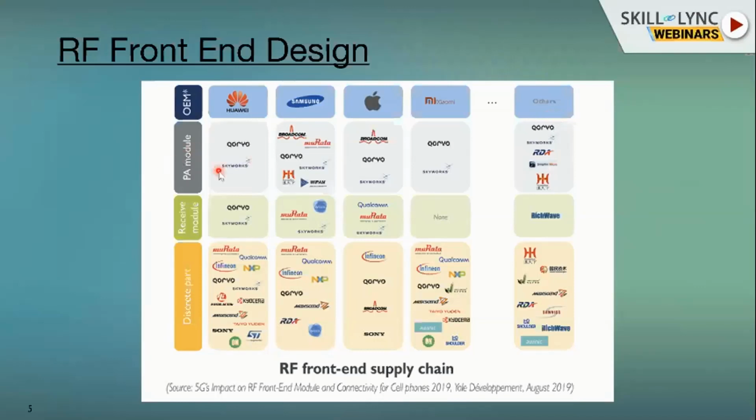Here you see the power amplifiers come from these companies, which deal with that. These are the receiver modules which come from those, and most of the basic components come from what we call discrete parts. When you are going to deal with this RF front-end supply chain, we need to understand how you choose a component.